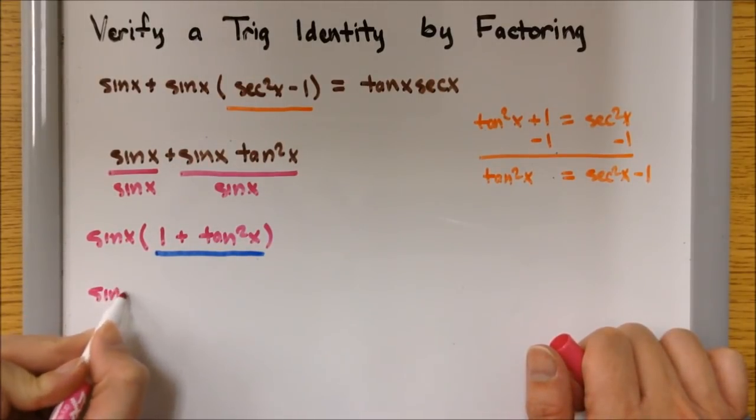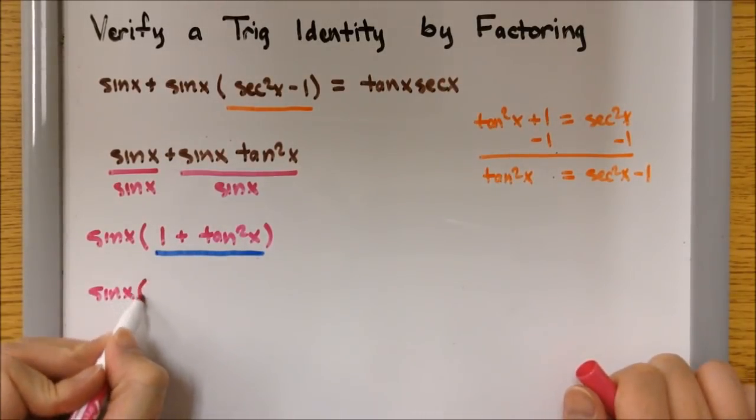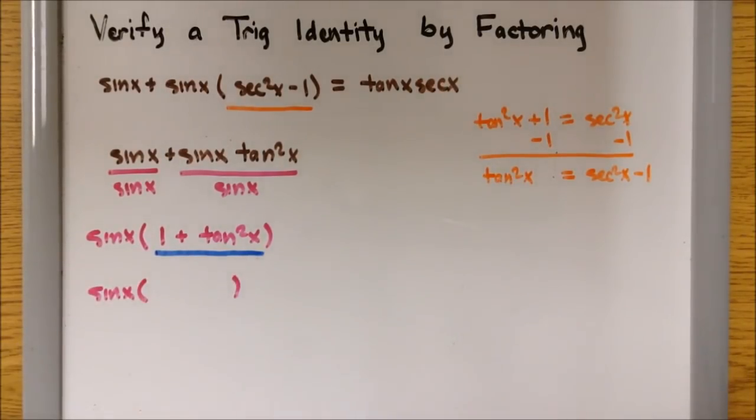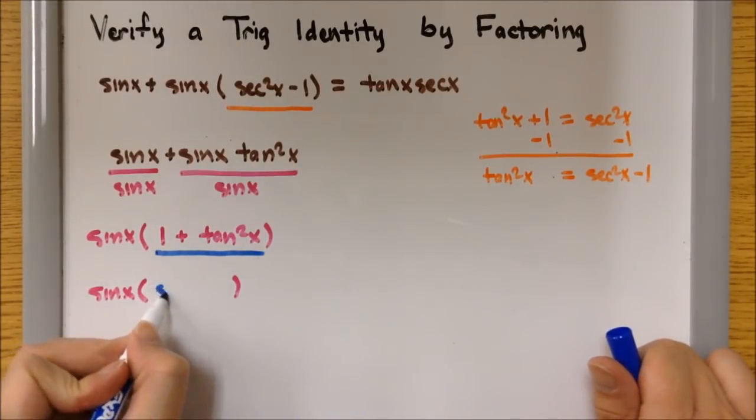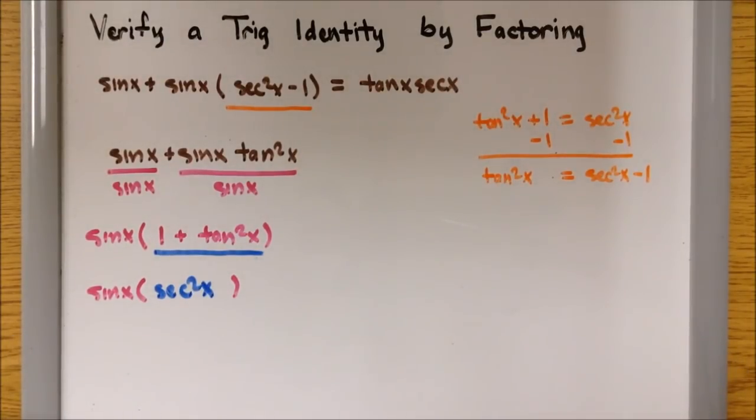So sine of x will be on the outside, and then on the inside it will be secant square of x. So at the moment we used the Pythagorean identity, the same one twice, using it to switch out with a simpler term.